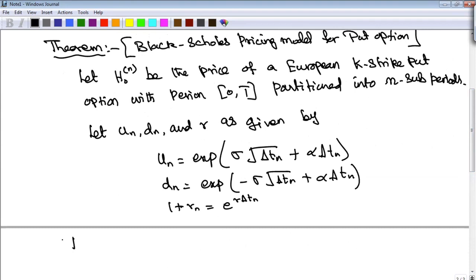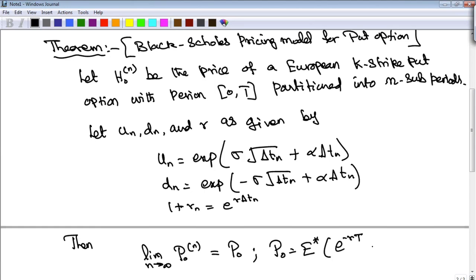With all this, we can take the limit n tending to infinity, thereby coming to the continuous time model, where P naught is E star of e power minus RT times PT. PT is the payoff of the put option, and E is the expectation with respect to the probability space on which the random variable X is defined.